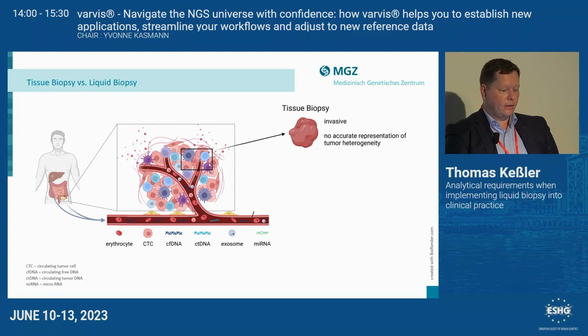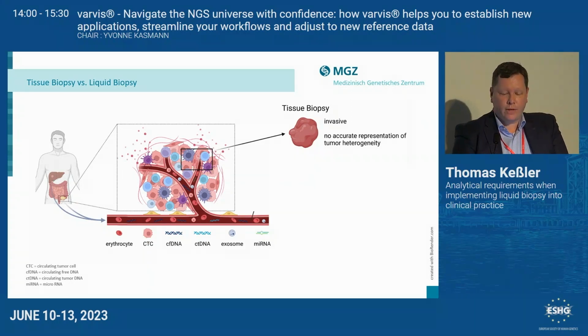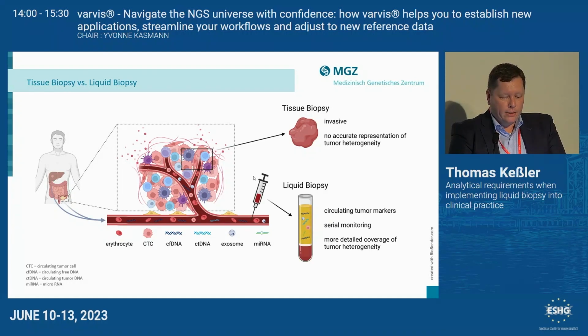If you have the possibility to obtain a biopsy, which is an invasive procedure, you can sequence the tumor and find biomarkers or variants that are associated with potential clinical interventions, targeted drugs, and so on. However, it's not always possible to retrieve such a biopsy, or it's unwanted by the patient, or you cannot reach it easily.